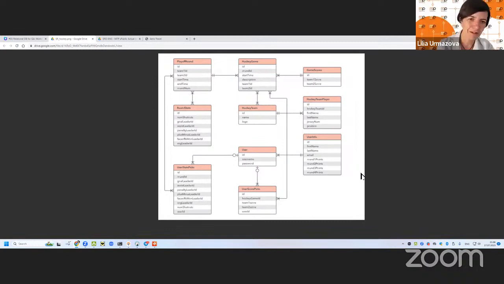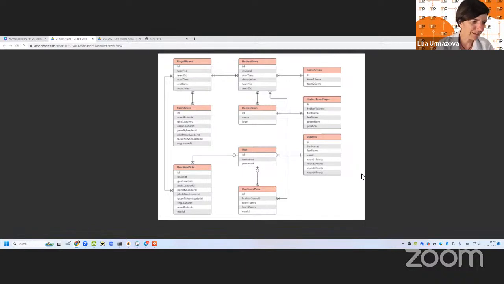So, if in the hockey game we will have the foreign key that will lead to game scores, from user score picks, we can get the hockey game, and from the hockey game, the game scores. And practically in the user score picks, team 1 score, team 2 score is spare information. We don't need it here.